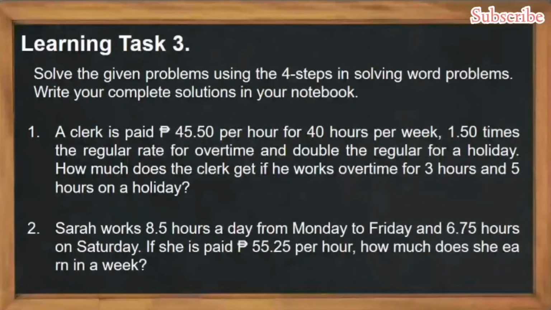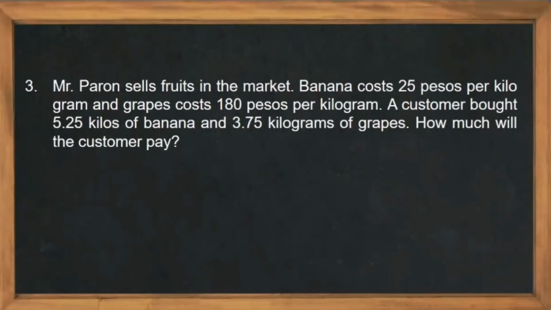For question number 2, Sarah works 8.5 hours a day from Monday to Friday and 6.75 hours on Saturday, at 55.25 pesos per hour. How much does she earn in a week? Mr. Paron sells fruits in the market.